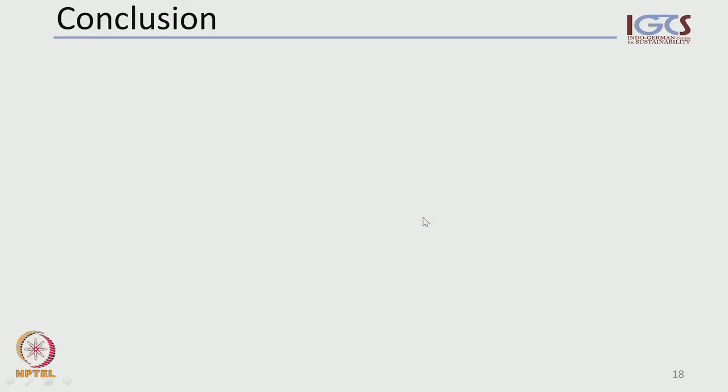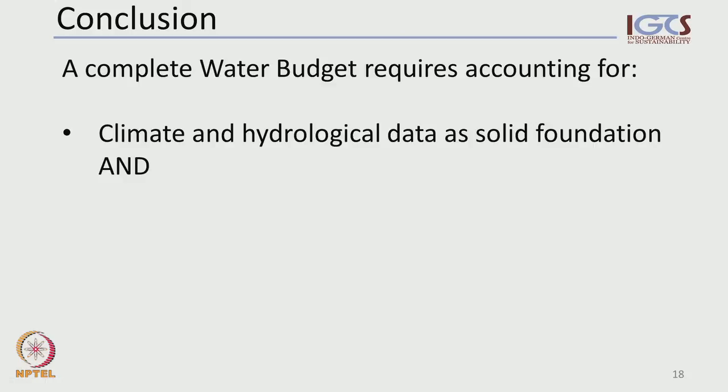Now let's conclude here. A complete water budget requires accounting for a number of elements. First of all, we have to start from solid climate and hydrological data, and this is the first stepping point where the difficulties start.